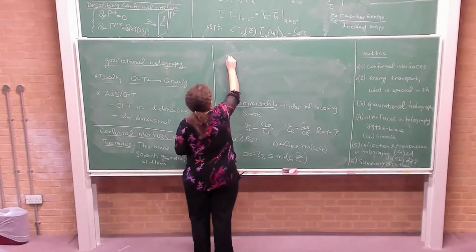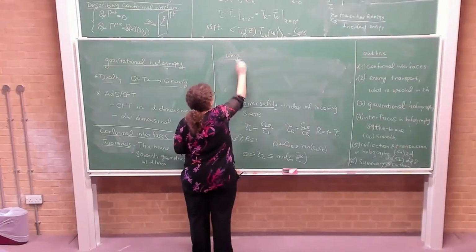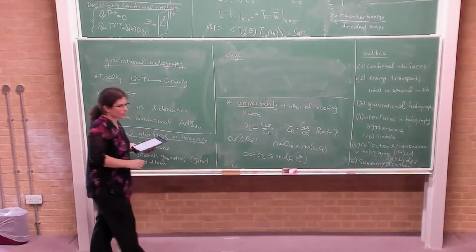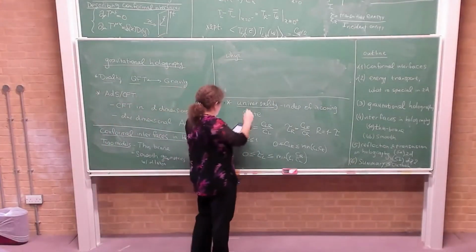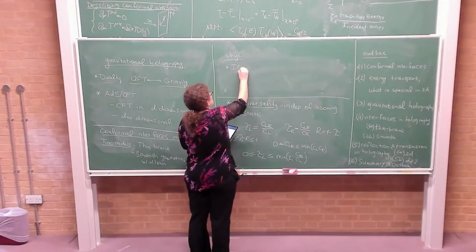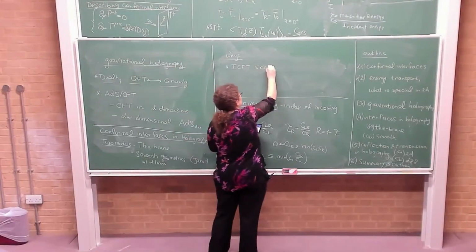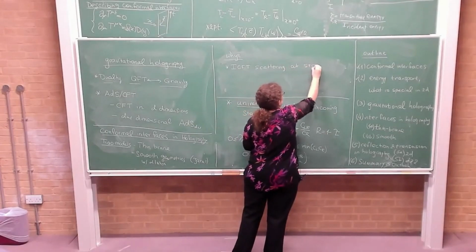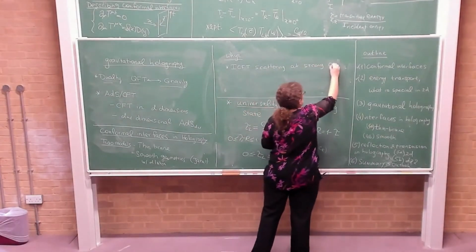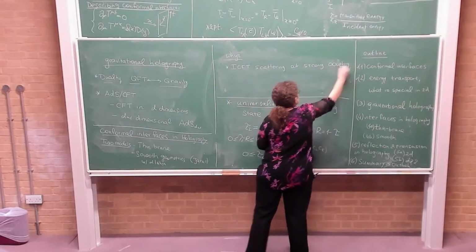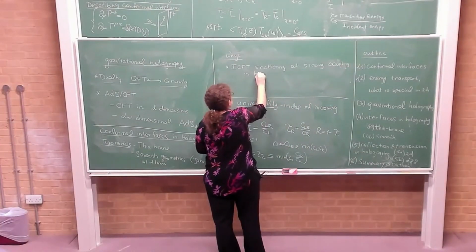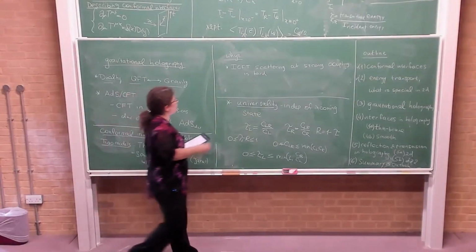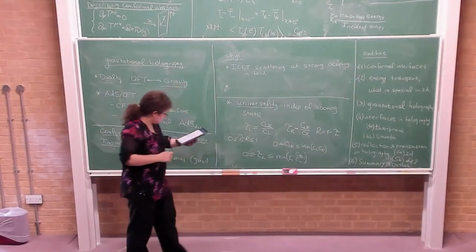So just to say why I am going to use this very bombastic tool to address a simple problem of scattering: the point is that ICFT scattering at strong coupling is hard, and holography gives us analytic control of it in specific examples.